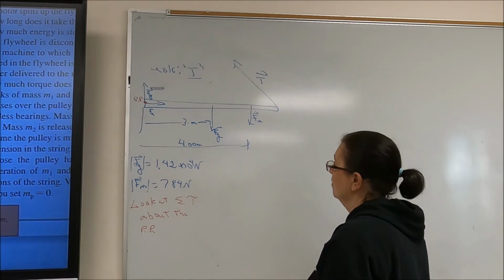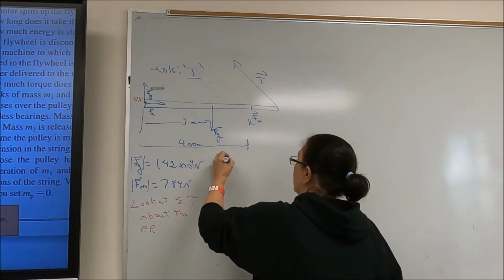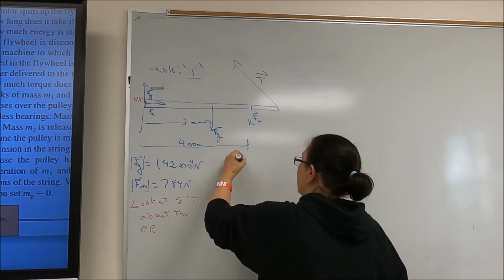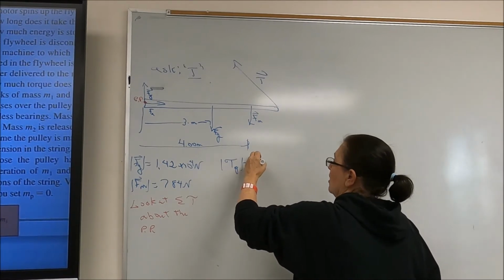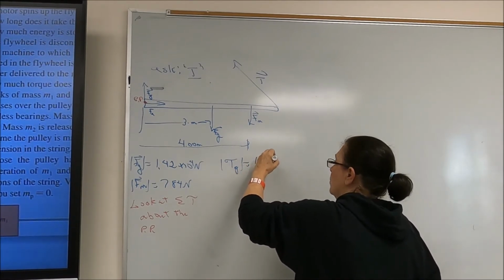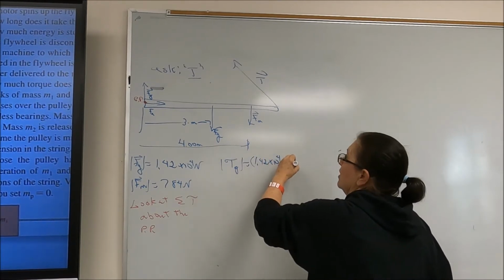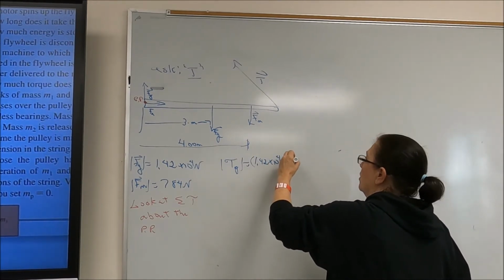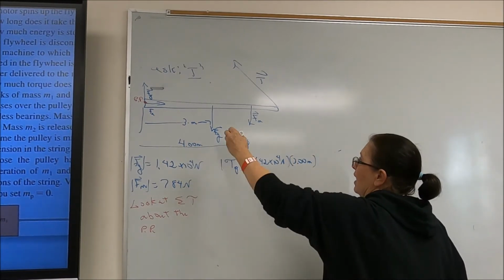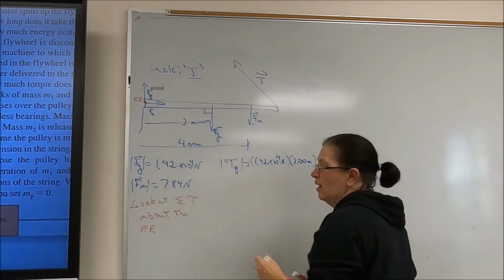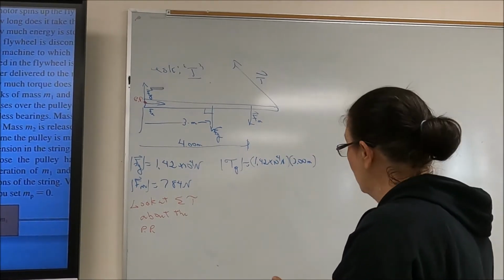Okay? All right. So torque due to gravity is going to have a magnitude of 1.42 times 10 to the 4 newtons times 3 meters. And again, it's a 90-degree angle. So I know the sine of 90 is 1.